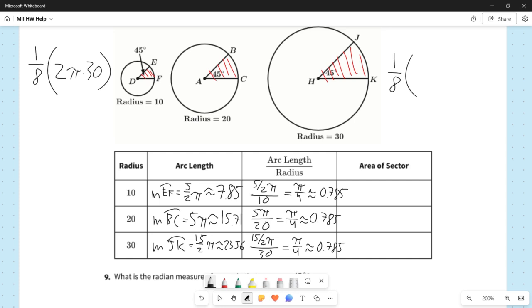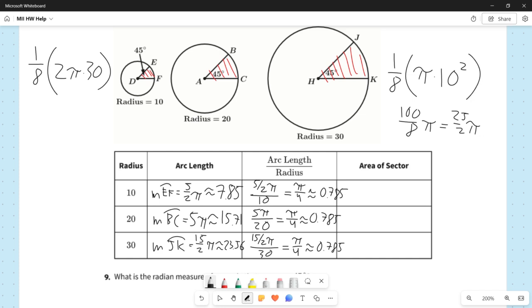I'm going to start with the small circle all the way on the left. So the area of a circle is pi times r squared. Well, r in this case is 10, so we get 10 squared, which is 100, so we end up getting 100 over 8 pi, and for 100 over 8, our GCF here is 4. So this becomes 25 over 2 pi.